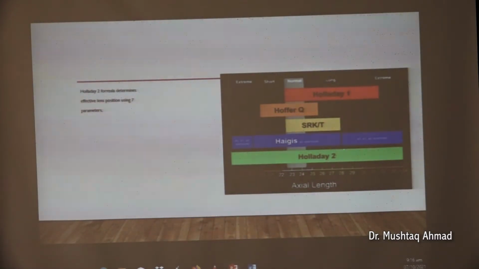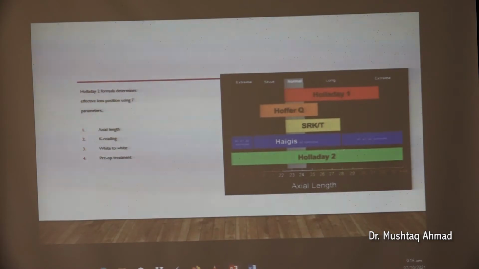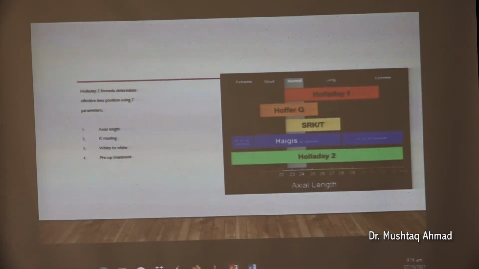The Holladay 2 formula determines the effective lens position. It uses all the parameters like axial length, K reading, white to white, preoperative anterior chamber depth, lens thickness, and patient age.